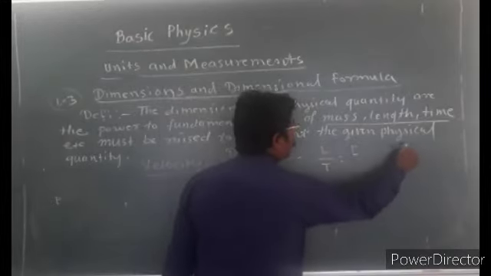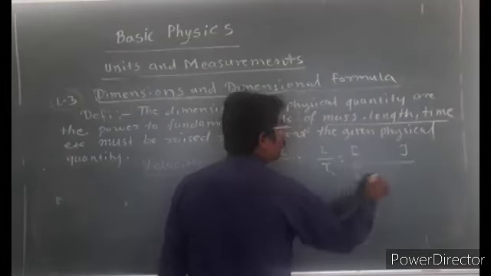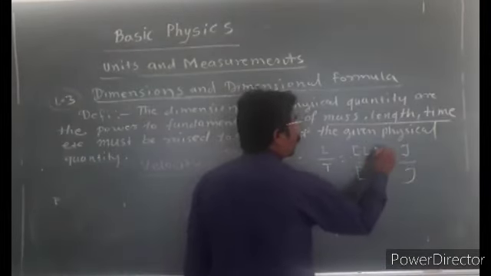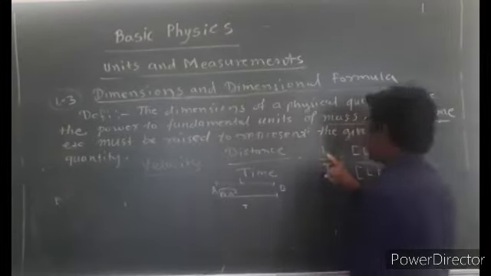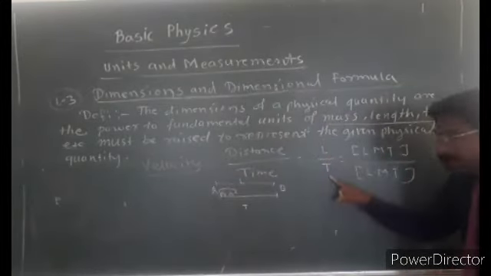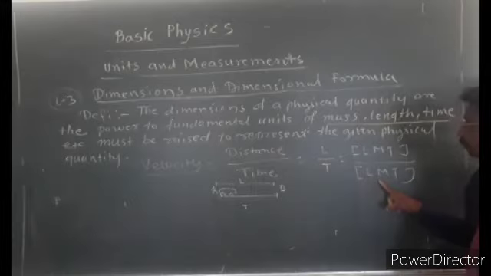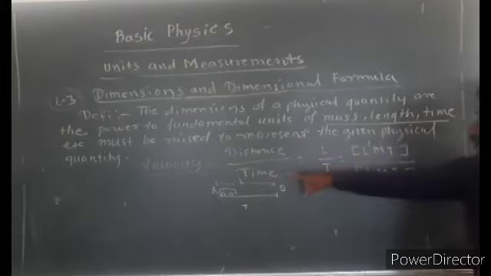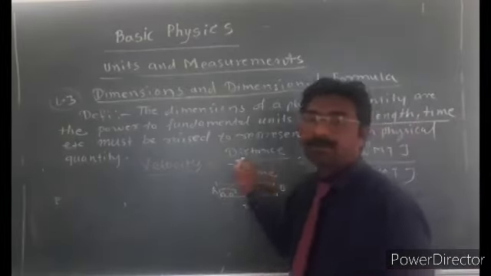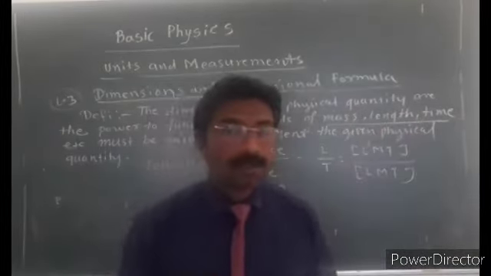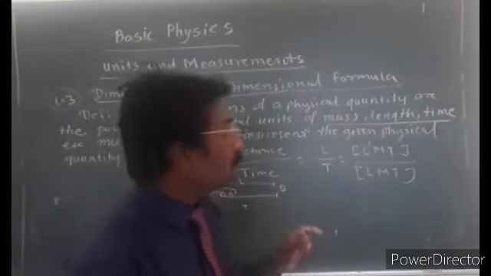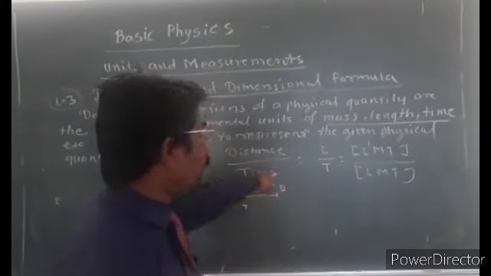So how can we write the dimensions of this physical quantity? L, M, T. These dimensions are for length, mass, and time. Is mass necessary for length? Not at all. Is time required to measure the length?